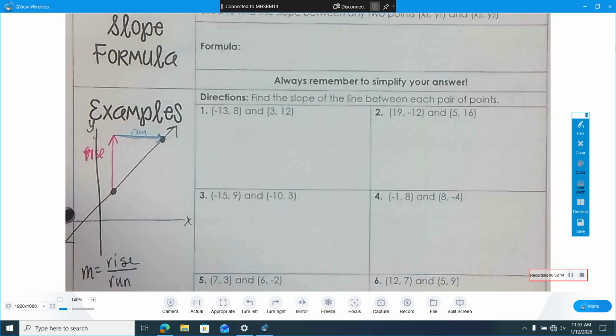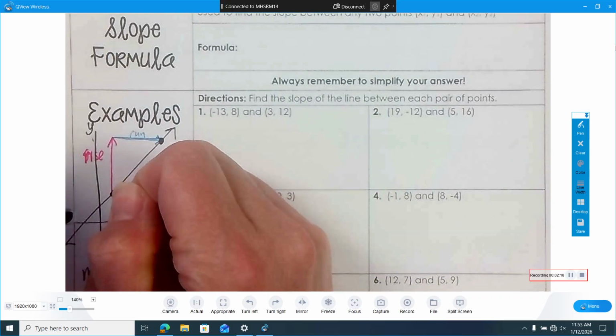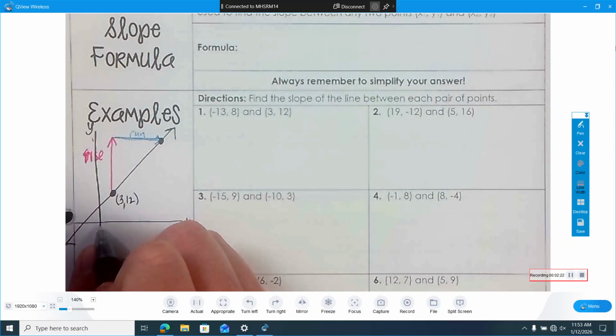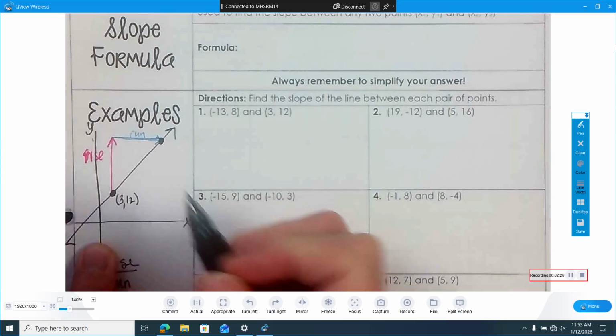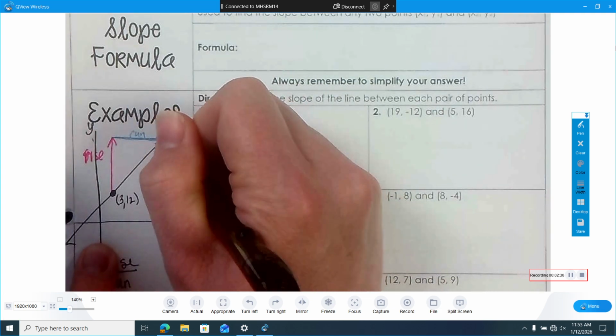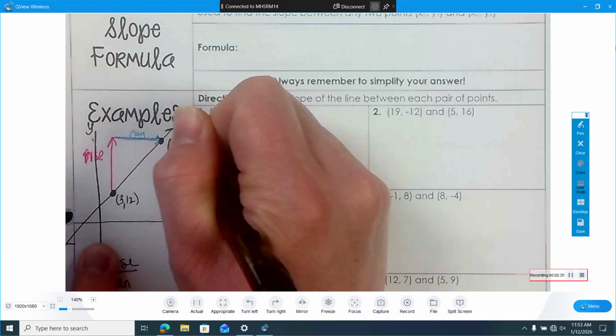So the question is, what do we do when this point, maybe this point is like 3, 12, meaning we had to go right 3 and then up 12 to get to this ordered pair. And maybe this point is like, I don't know, 51 and 74.